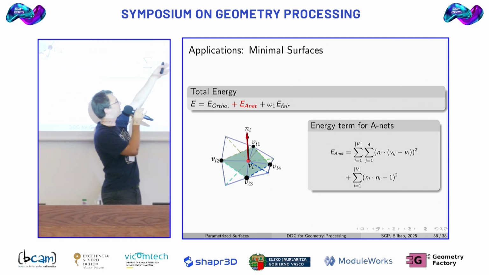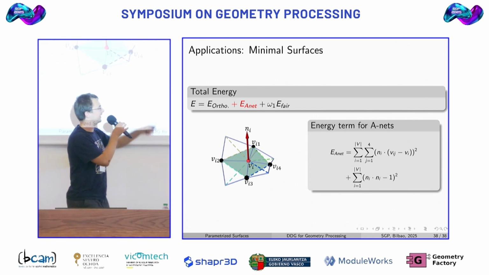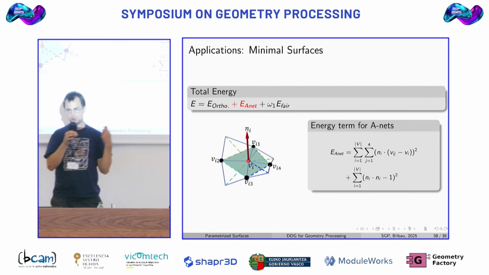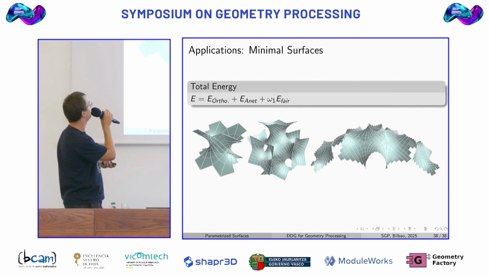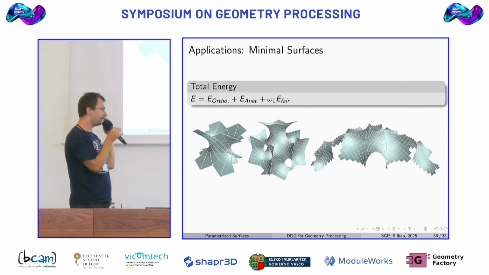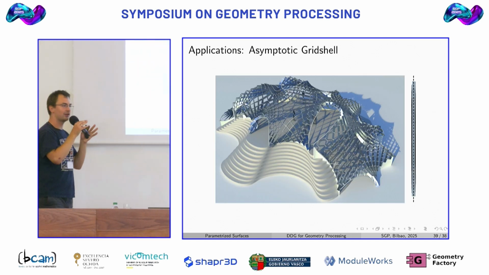We just want n to be orthogonal to all these edge vectors. Again, we normalize n, and minimizing this gives us these minimal surfaces.